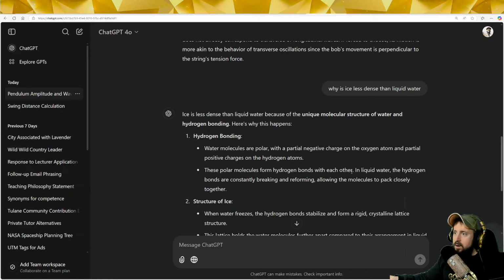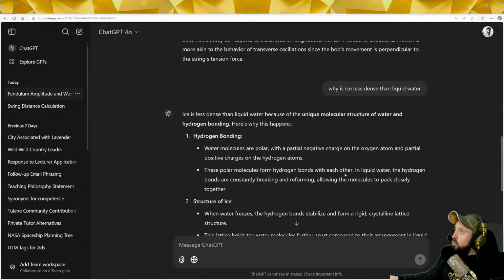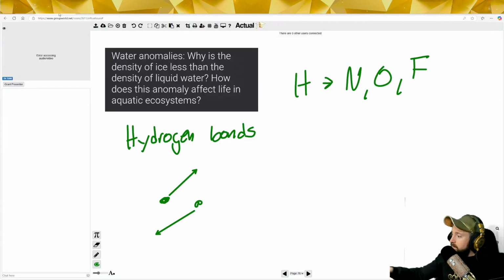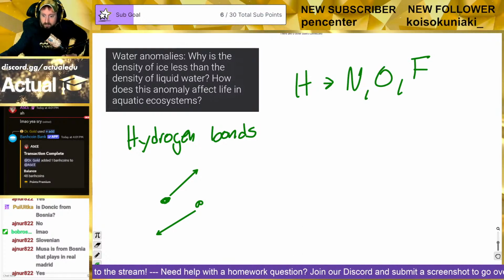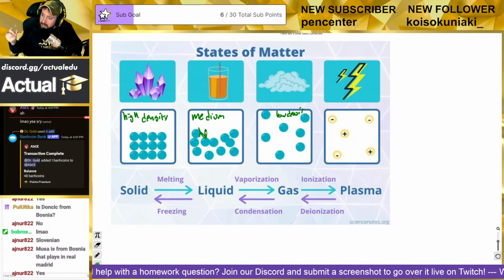Okay, in liquid water, the hydrogen bonds are constantly breaking and forming, allowing the molecules to pack closely together. Okay, very cool. So hydrogen bonds are very strong, which means the water molecules are able to get really close to each other. And that's why liquid water is actually pretty dense compared to solid water, which is ice.